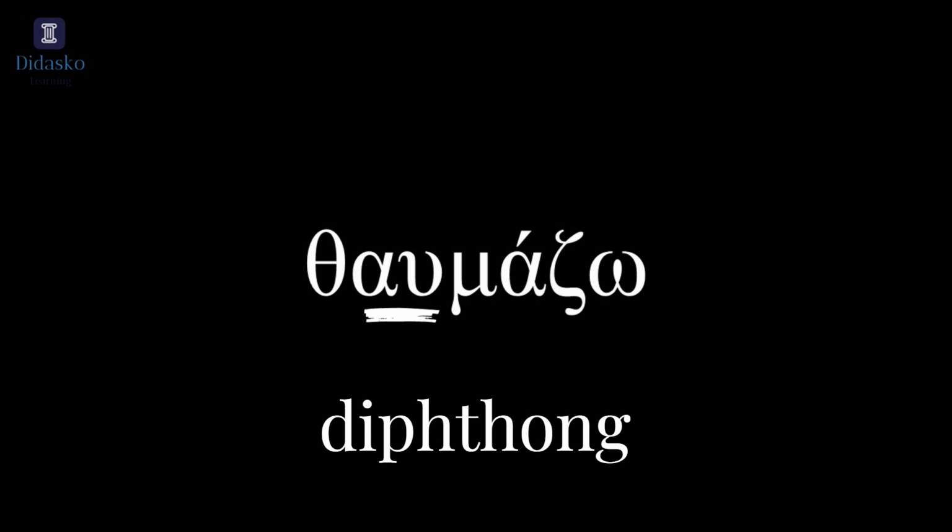Next word, thaumazo. Theta, alpha, upsilon, and here again we have a diphthong. Similar to the English word audible, the A and the U at the beginning of audible are pronounced together. Same with here, thaumazo.